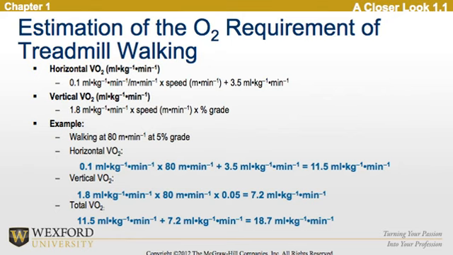The vertical component would be 1.8 milliliters per kilogram minute times 80 meters per minute times 0.05 for the percentage grade equaling 7.2 milliliters per kilogram minute. So the total VO2 would be 11.5 plus 7.2 milliliters per kilogram minute, equaling a total VO2 of 18.7 milliliters per kilogram minute.